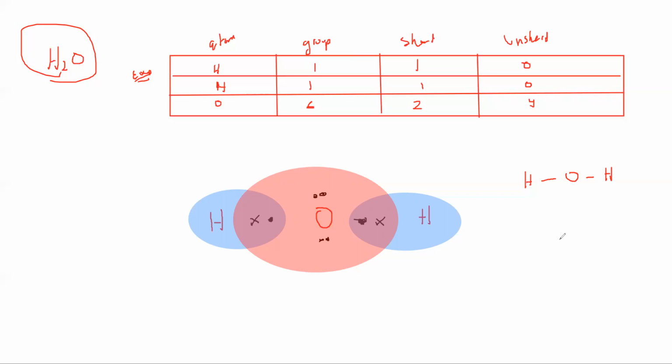The sharing of electron and the covalent bond which is formed between these compounds. Take a screenshot, then I will give you questions, examples you will solve and send your answers on the group.